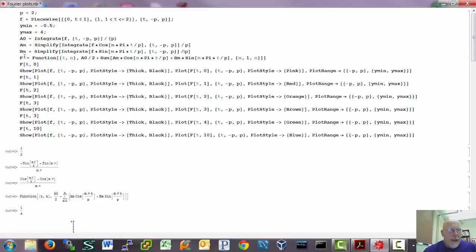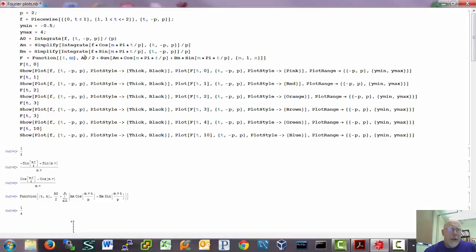Now, we're going to define then the function capital F, which is going to be the Fourier transform of little f. But it's not going to be the full Fourier transform. The full Fourier transform sums from 1 to infinity. We're only going to sum from 1 up to some number n that we're going to give. So we're going to do like a partial transform in some sense.